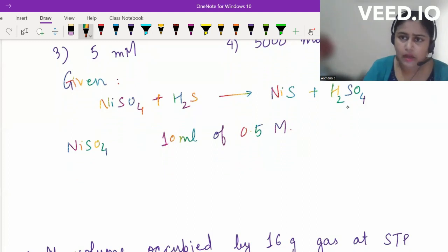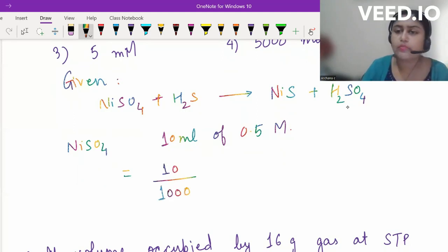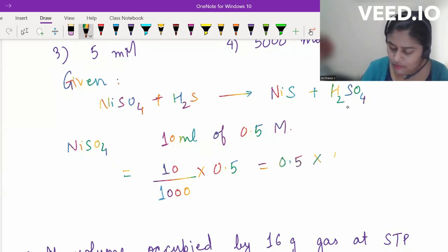That means how much amount is present in 1 liter. First, we'll calculate that. So that is 10 by 1000 will give you the volume in liter, multiplied by 0.5. Upon simplifying, we will get 0.5 multiplied by 10 to the power minus 2 moles.